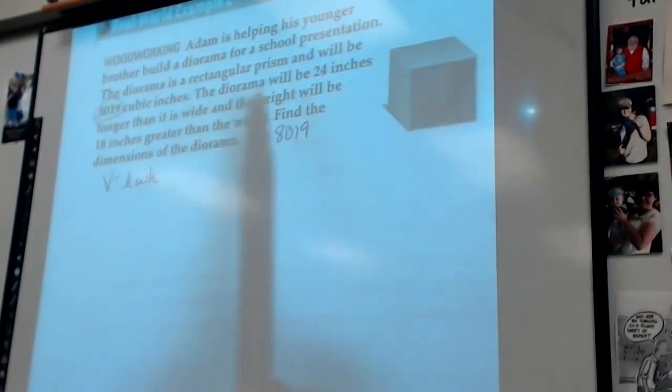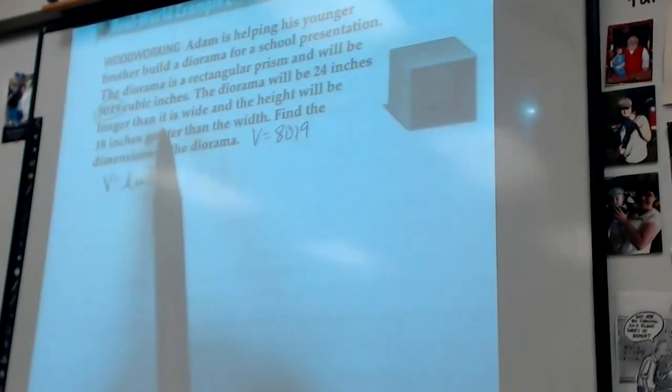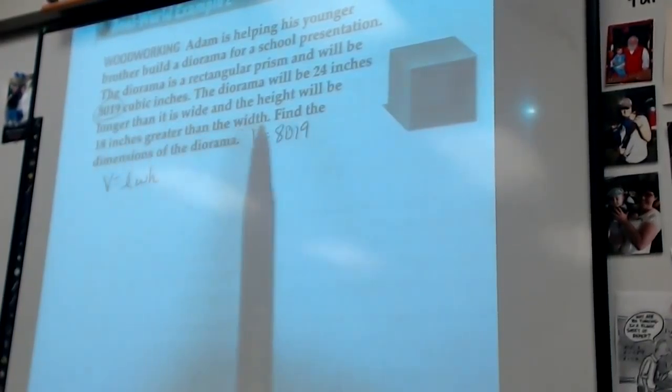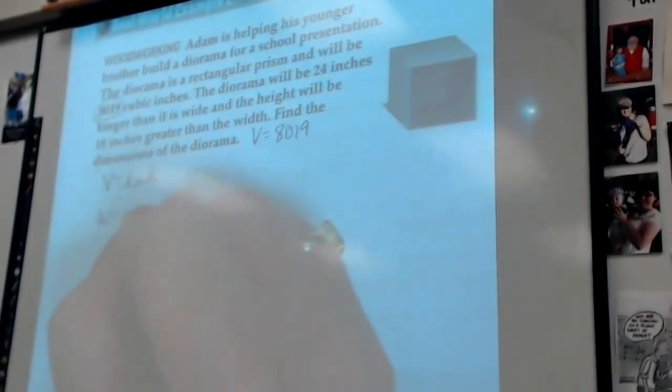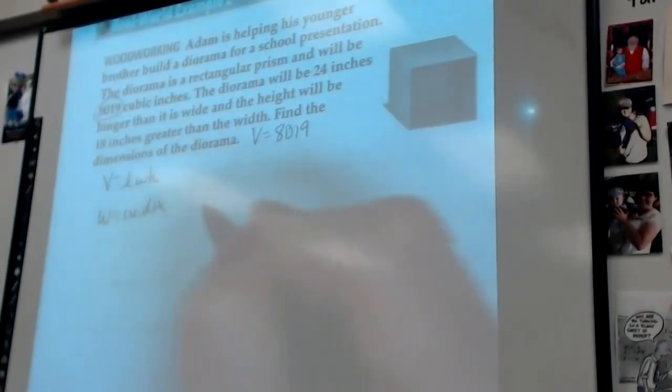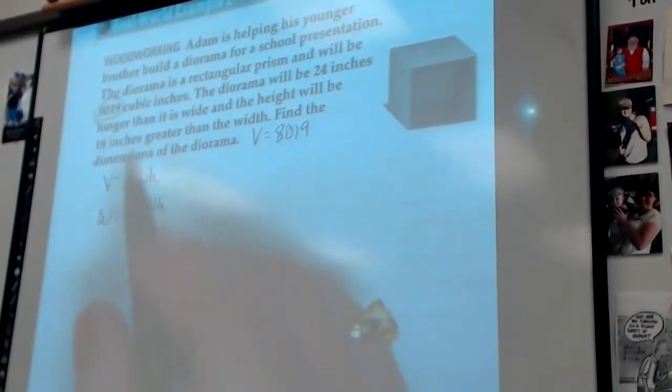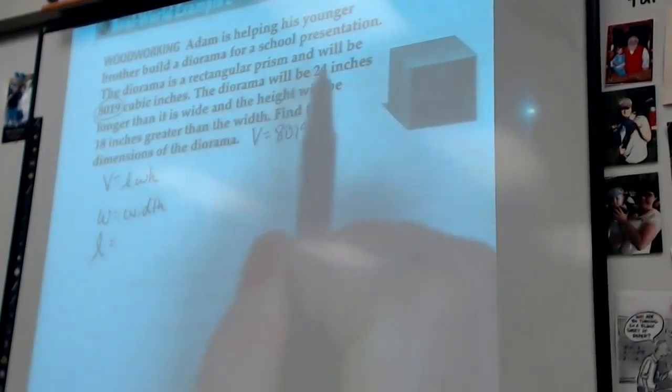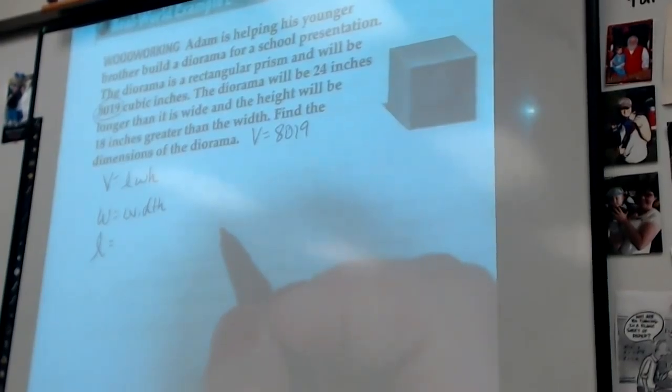All right. The diorama will be 24 inches longer than it is wide, and the height will be 18 inches greater than the width. So let's start with the width, and let W be the width. So then my length is 24 longer than it is wide. So what would my length be in terms of W?